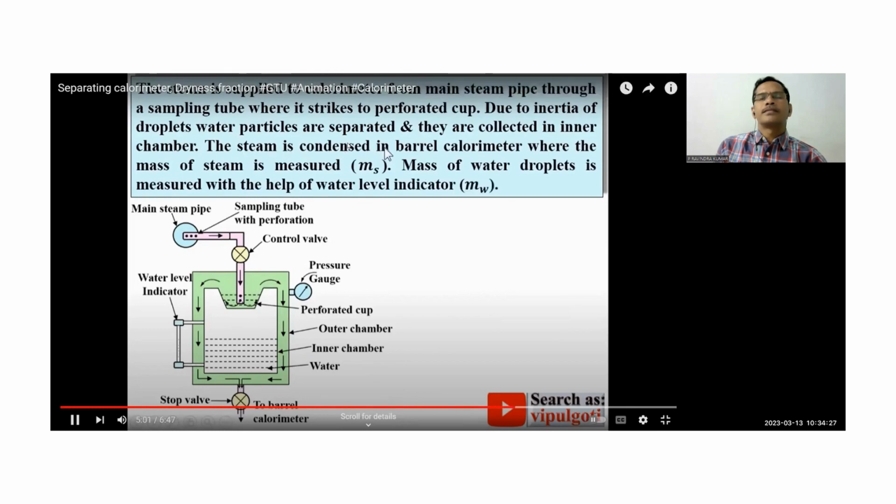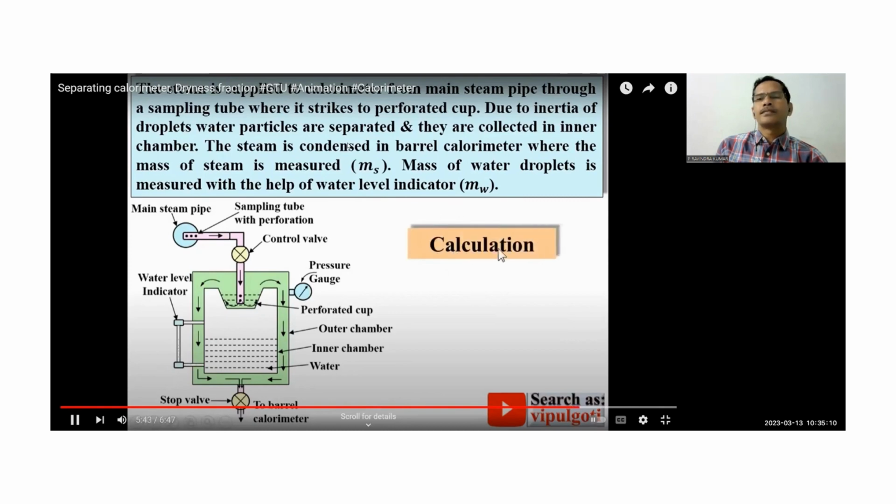The steam is condensed in the barrel calorimeter, where the mass of the steam is measured. So whatever steam is collected in the barrel calorimeter, you can measure the mass of the steam that is in the main steam pipe. And the water particles are gathered in the inner chamber, so that you can measure the mass of the water particles. So that is MS and MW. The mass of water droplets is measured with the help of the water level indicator.